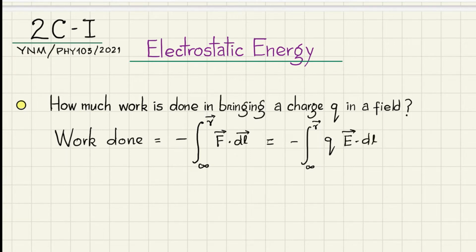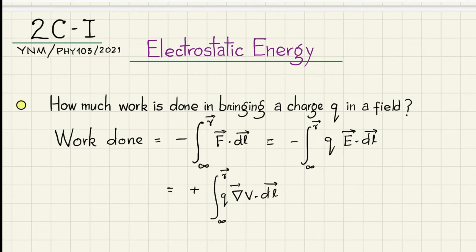That's the work done. In our case, Q is coming in a field of E, and hence we can quickly write it down as the integral to R of Q E dot dl. Now that E dot dl reminds of potential, but you can also eliminate E in favor of the gradient of V, and in that case it has become a plus. I've taken the minus out: the integral from infinity to R of Q grad V dot dl.